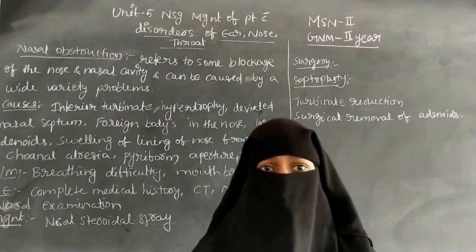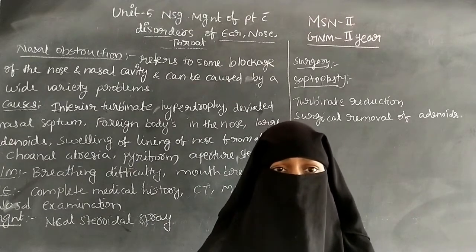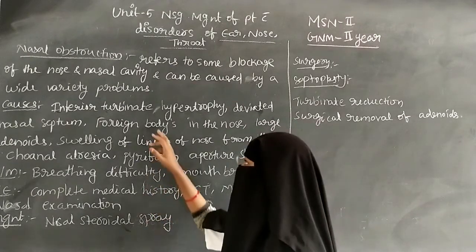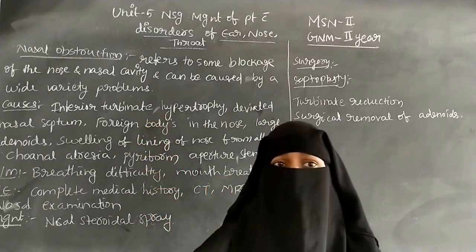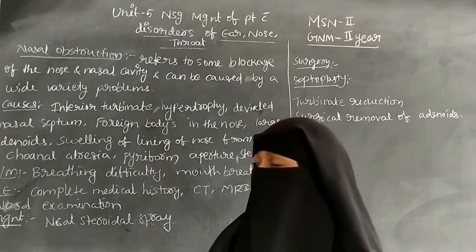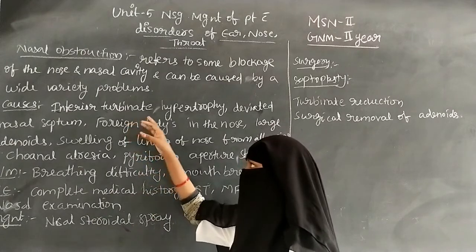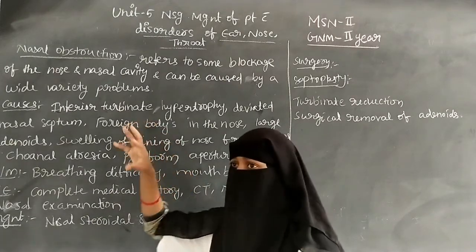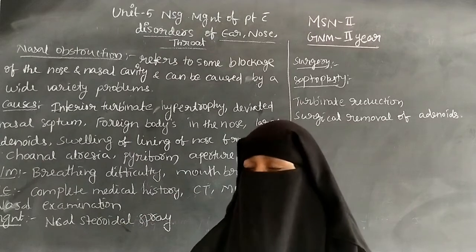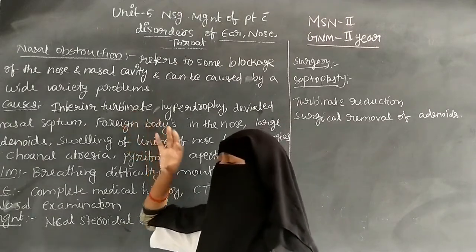So inferior turbinate hypertrophy means there is an enlargement or swelling of the mucosa of the nose and an improper position of the turbinate bones in the nose.